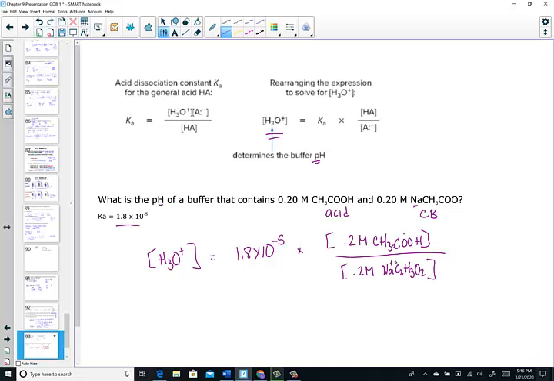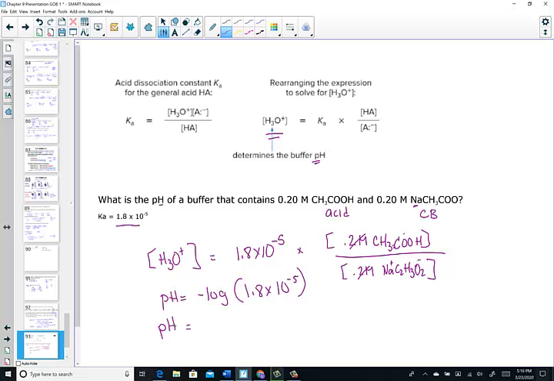Remember, the salt, sodium is just simply a spectator, and the conjugate base down there would be acetate. Do you see how those two numbers really just fall apart? So they cancel one another. And so if hydronium is equal to 1.8 times 10 to the negative fifth, I can find the pH very easily by taking the negative log of the Ka.